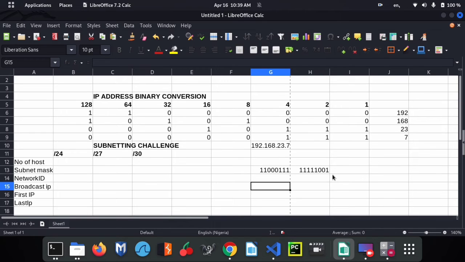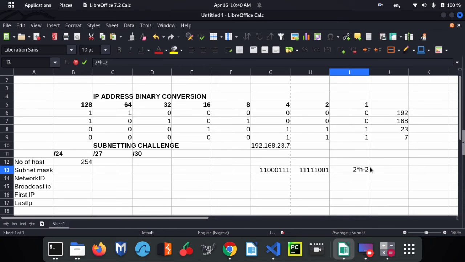The reason is that 2 addresses are reserved: number 1, the network ID, which represents the network, and the broadcast IP address, which is used to reach all hosts. So here we have 254. The formula is usually written like 2 raised to the power of n, minus 2.